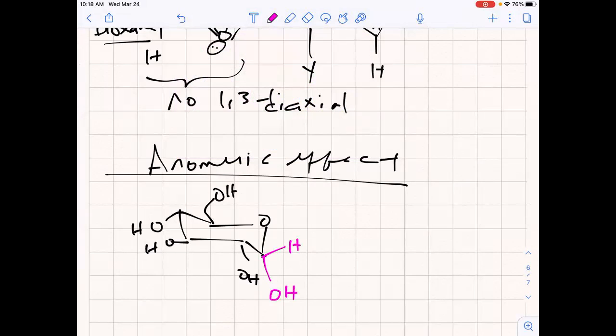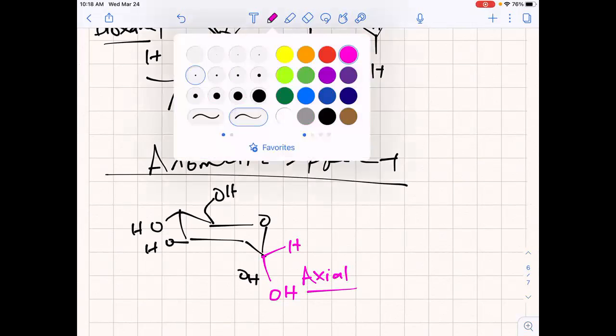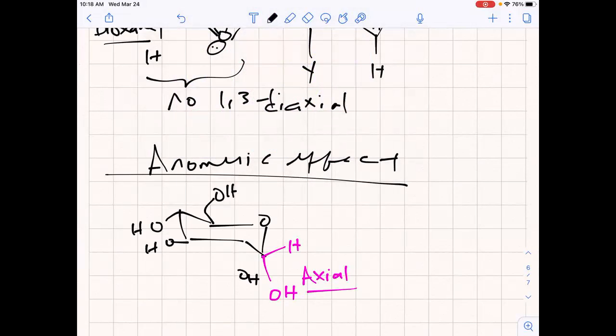This OH is axial. So you can see everything is equatorial except for this one hydroxyl group right here. So this is the alpha version.